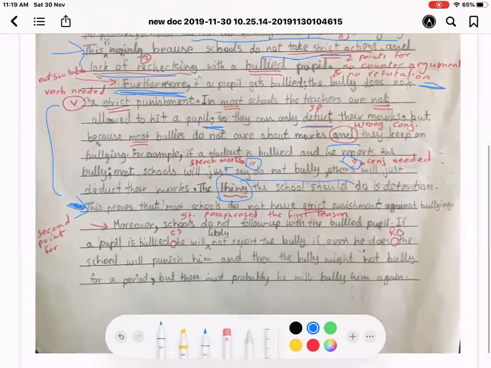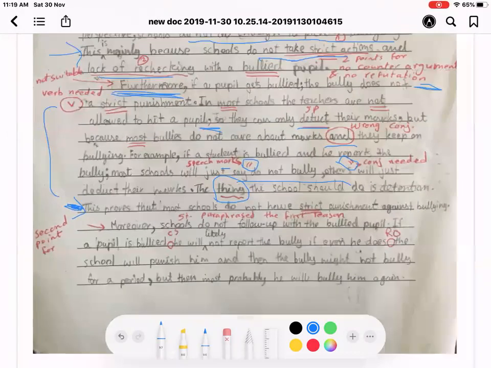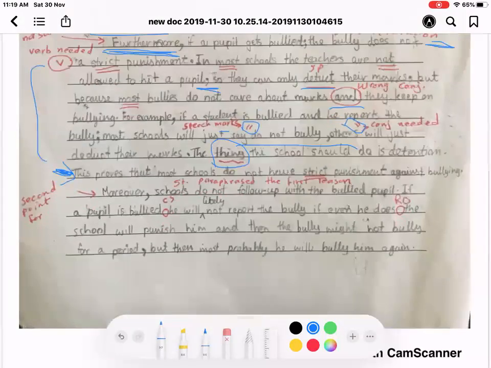But the student starts with a topic sentence and then extends the ideas with examples and elaborations, and then links the paragraph to the thesis statement. So it's fine. Let's go to the second body paragraph.